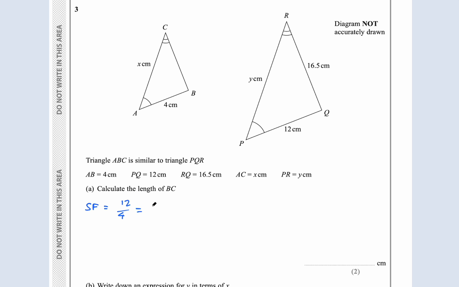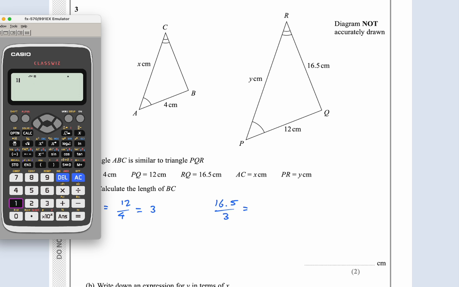So the scale factor is 3, 12 over 4. So to calculate BC, its corresponding side is the 16.5. So I do 16.5 divided by the scale factor, 16.5 divided by 3. I know what this is, it's 5.5. That gives me my answer, that is 5.5.